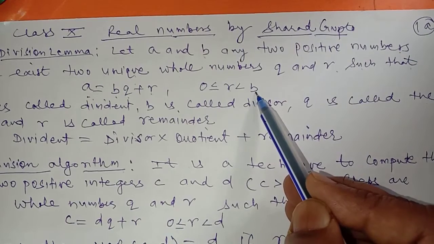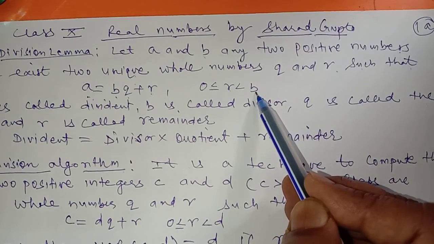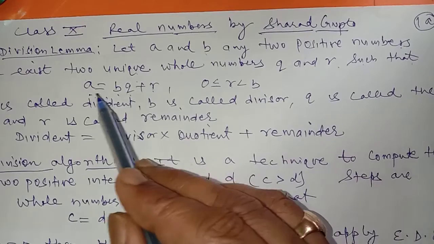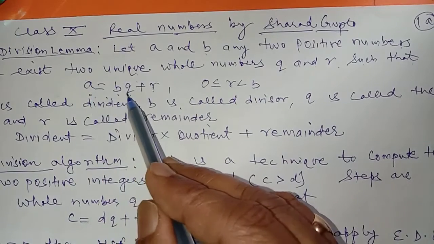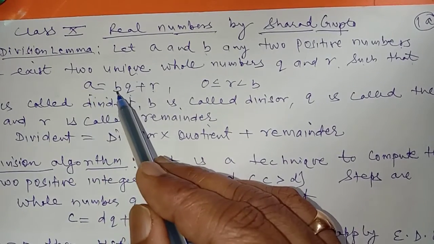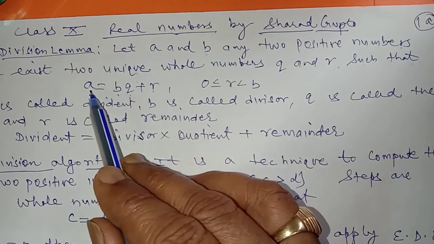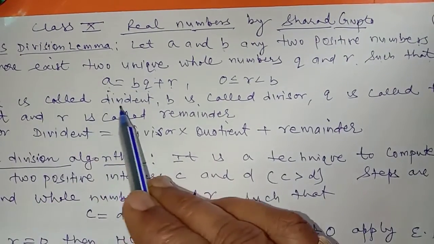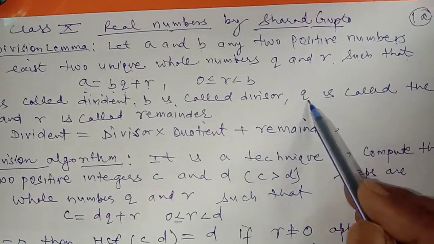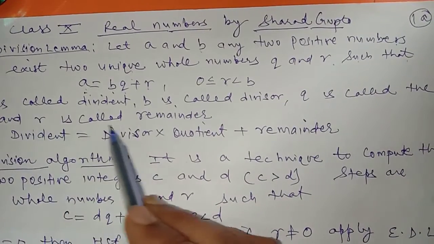to B except B. When dividend is equal to divisor into quotient plus remainder, then obviously the divisor will be smaller than the dividend. Here A is called the dividend, B is called the divisor, Q is called the quotient, and R is called the remainder.